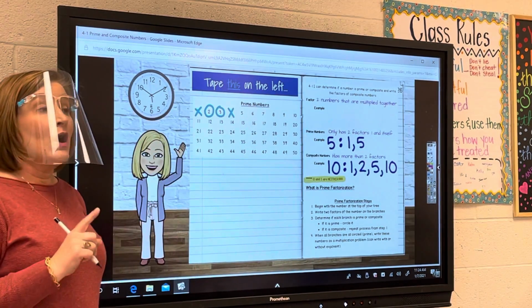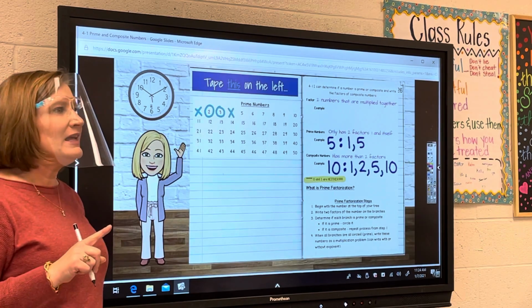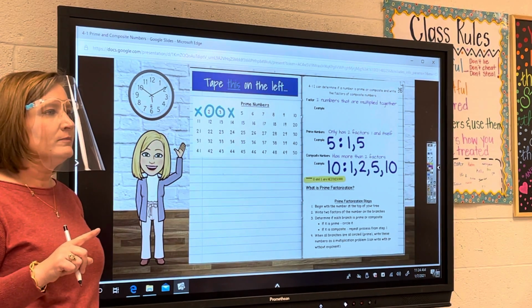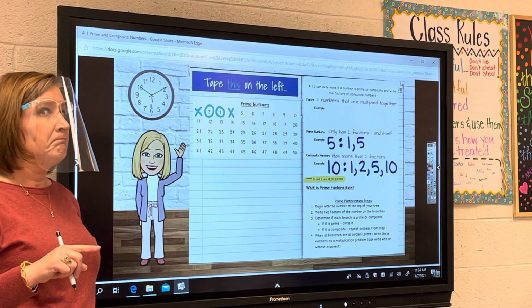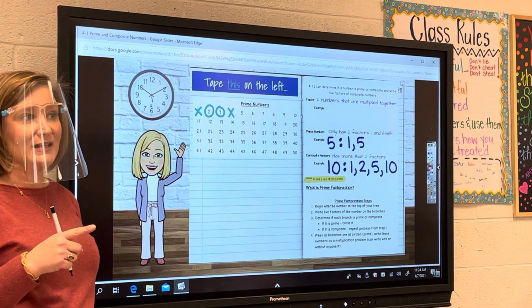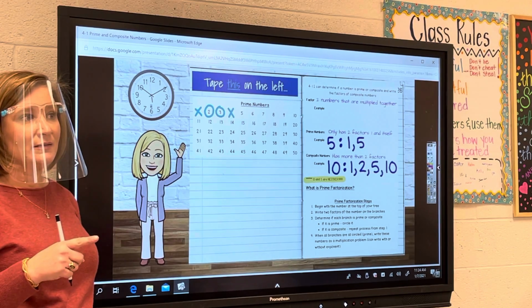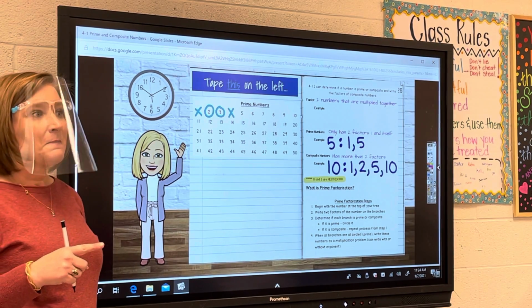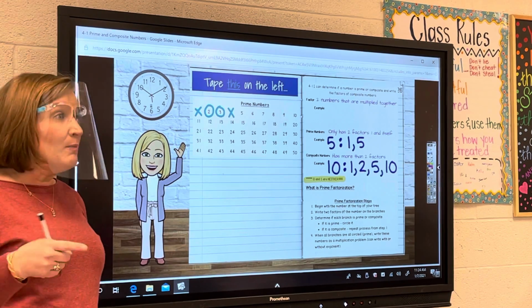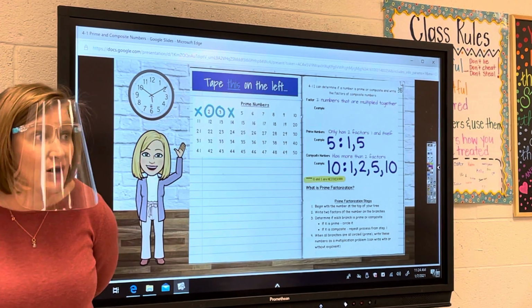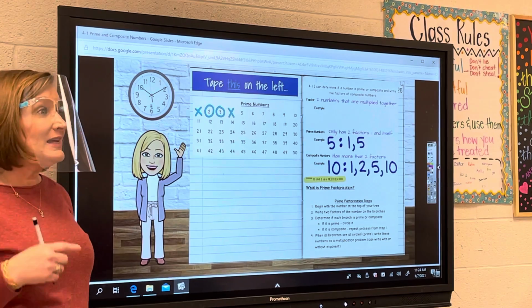Now, what do we know about all even numbers after 2? They're composite. How do we know they're composite? Because you can multiply more than 1 times that number. All even numbers after 2, you can multiply 2 times something else besides 1 to get that number.